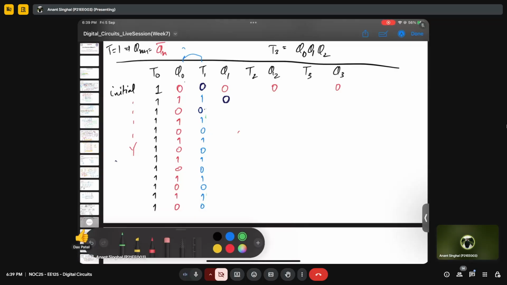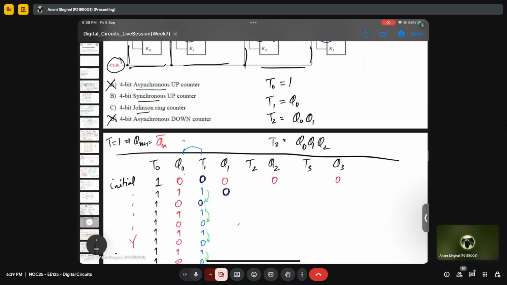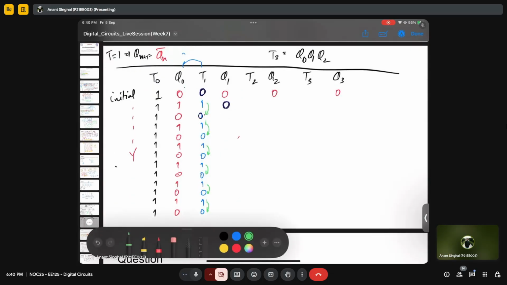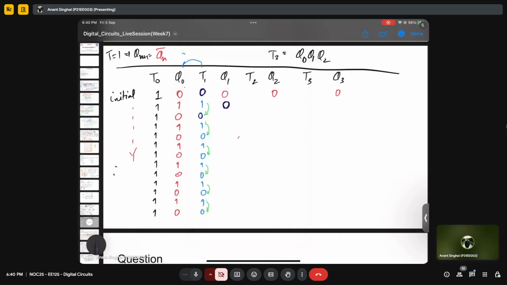The transition will happen whenever there is a transition from 1 to 0, because it is a negative edge triggered flip-flop. Basically what I'm trying to say is this. If this is the clock, the negative edge is when it goes from 1 to 0. So whenever this happens, the T flip-flop would work. So let me write the output now. I think it will be clearer now.